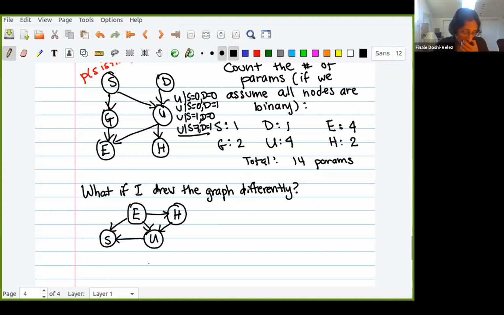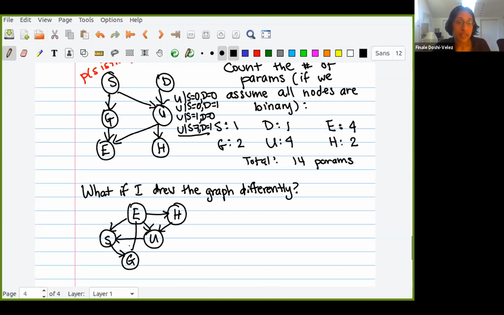And now let's keep going to add in G. I'm kind of going in an arbitrary order here, not necessarily a smart order. So now if I want to sample G, well, I'm going to need to know what S was to produce the G. I'm also going to need to know what the E was.